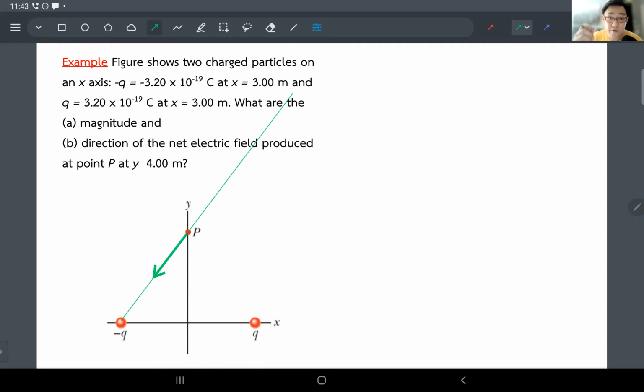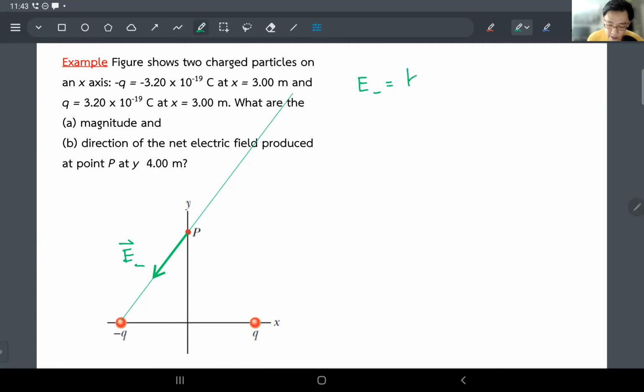Electric field at point P will be pointing towards the source. The source right now is the negatively charged Q. So let me name this vector E minus, because that's the negatively charged minus Q that is generating this field.